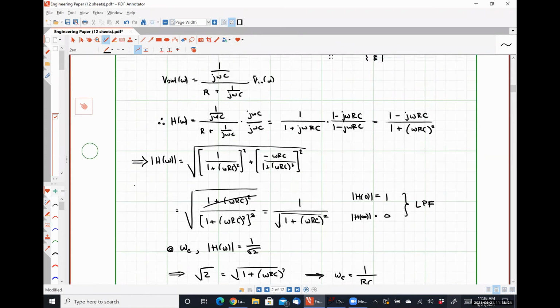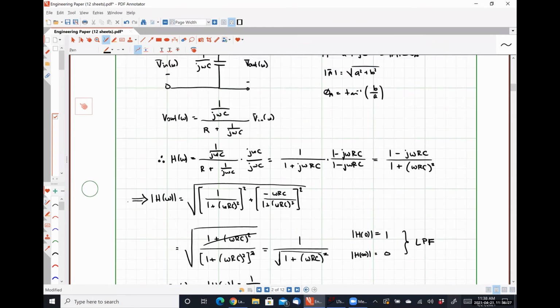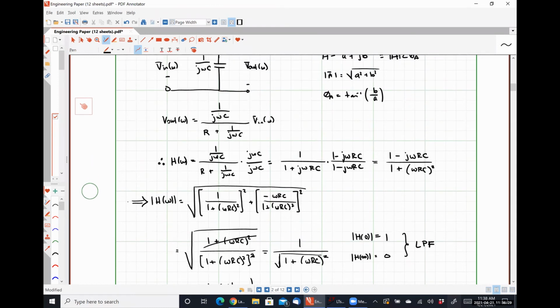If we went up here and looked at this representation, in the Laplace domain, j omega is equal to S. And so we would have 1 over 1 plus S RC. This is the form, zeros are on top, poles are on bottom, and you can actually see by inspection that your pole frequency omega c is just going to be 1 over RC.